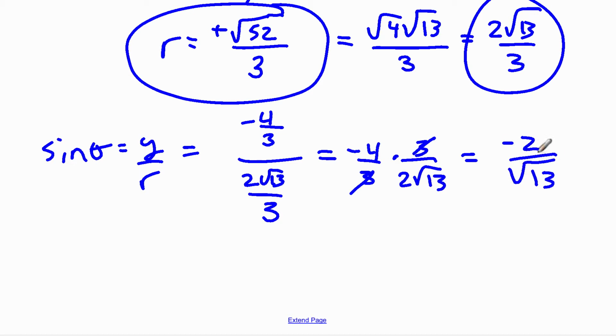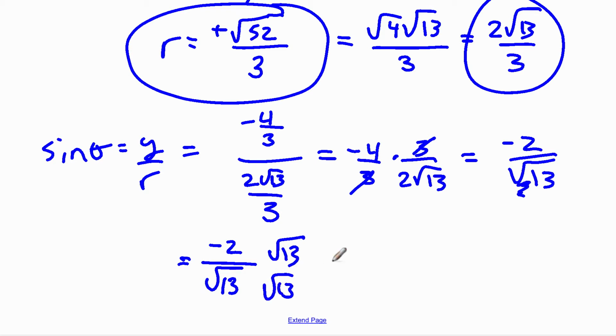Now that looks pretty nice, but one of our rules was don't have a radical on the bottom. So I'm going to rationalize that. So negative 2 over root 13. I need to times both top and bottom by root 13.